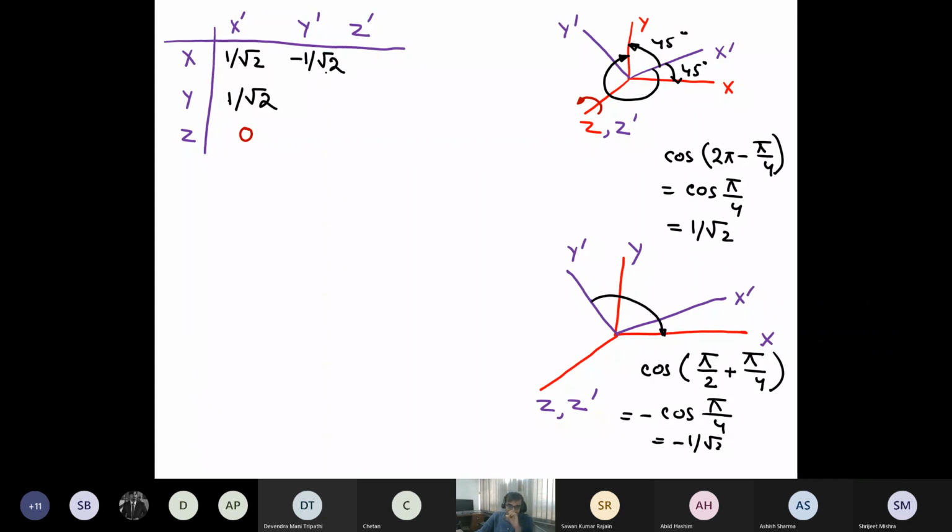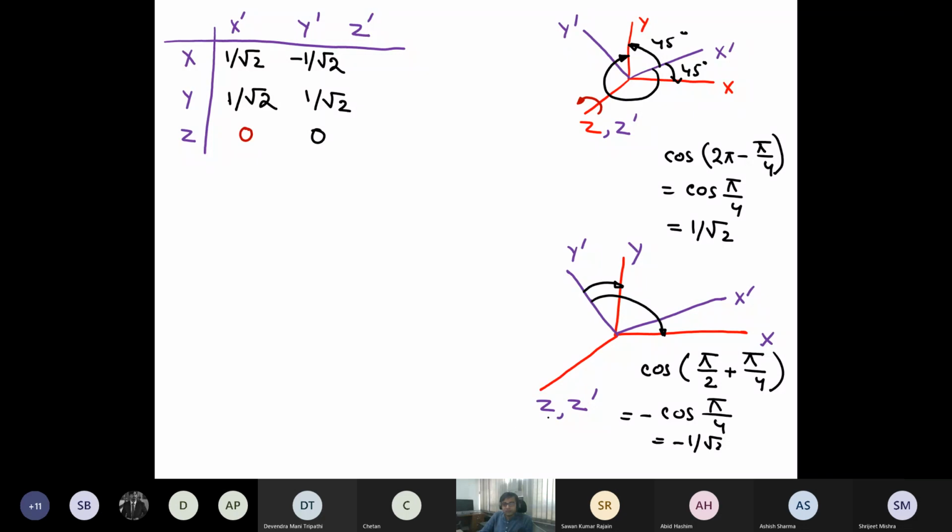Next is the angle between y prime and y, which is simply 45 degrees. So 1 by root 2, and the last one is 0. Same logic as before.